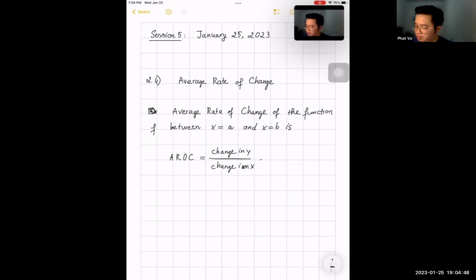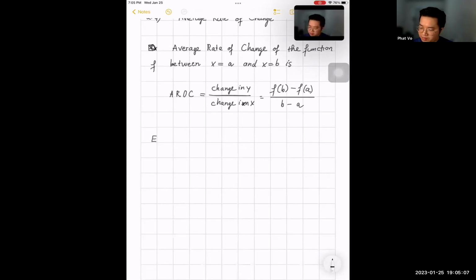What does it mean? The change in y is f at b minus f at a, and the change in x is b minus a. Okay, that is the definition of the average rate of change. And I will give you an example for this.